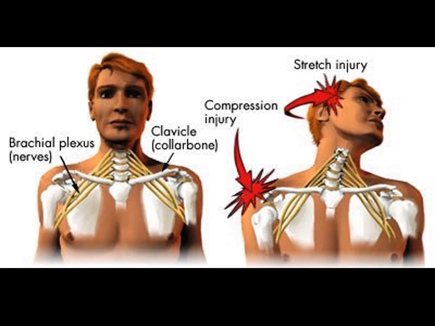So at the end we understand that the brachial plexus is mainly injured due to a stretch type of injury, in which overstretching takes place, or a direct compression injury can cause palsy.